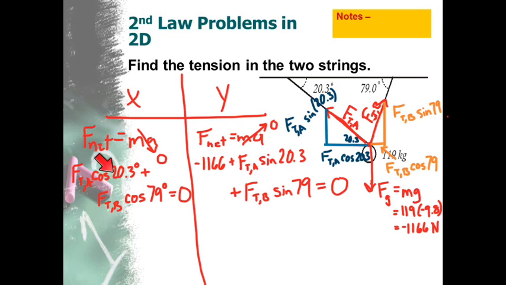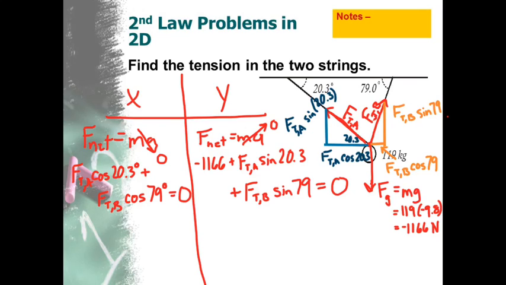Let's evaluate what these trig functions are. Cosine of 20.3 is something around 0.938, and cosine of 79 is something around 0.191.